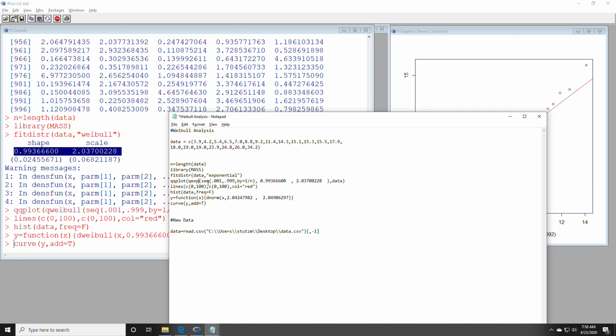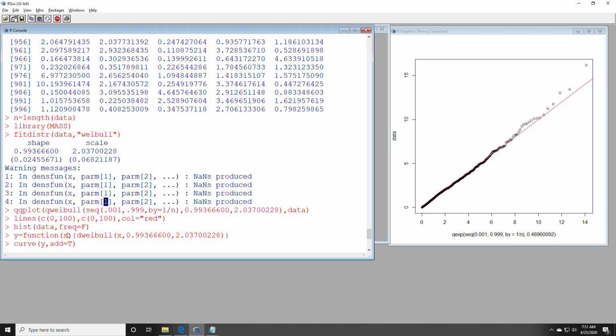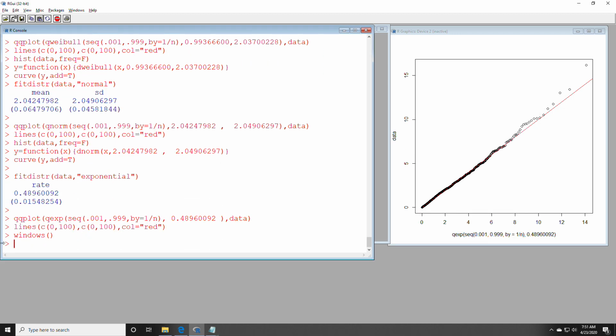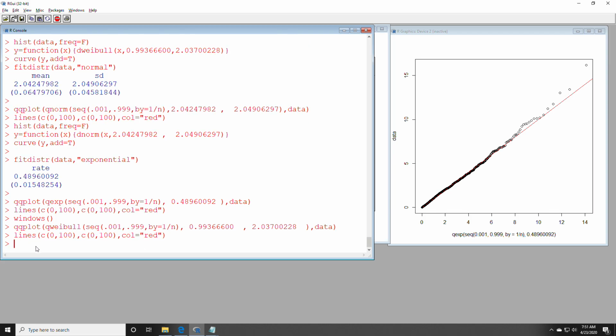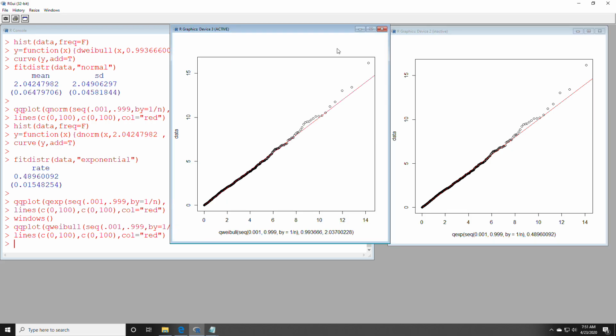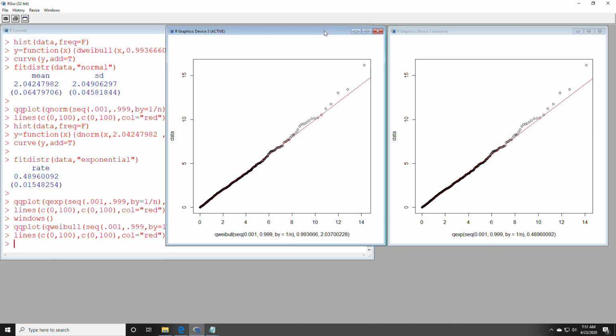Normally, hopefully you wouldn't have to go back and do this step if you had just put windows the first time. After each plot that you made, if you put windows, you can basically save all of them. And also if you're going to do this, it might actually be helpful to put labels. And so here are my two graphs.